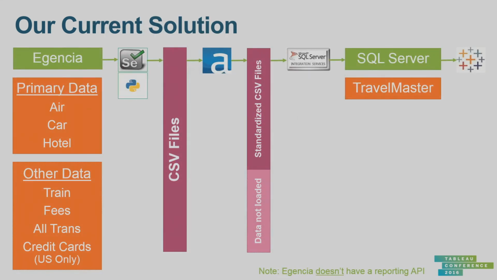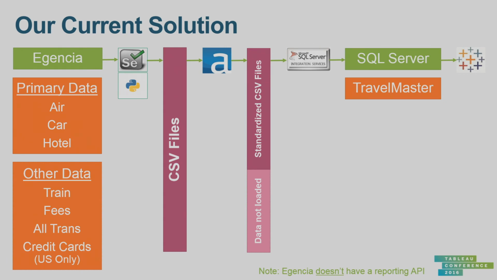So to overcome this challenge, we had to evolve our solution to be as low touch as possible. It was okay when we only had 1 Agencia site, but once we had 9, we couldn't have a manual process of pulling that information from all of them. So in our current solution, the CSV files are running on a schedule on Agencia, and we're able to download those using a Selenium and Python script.